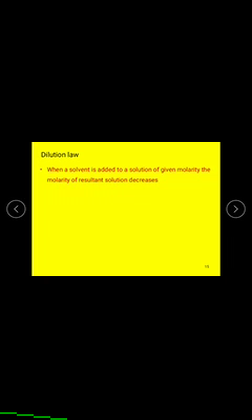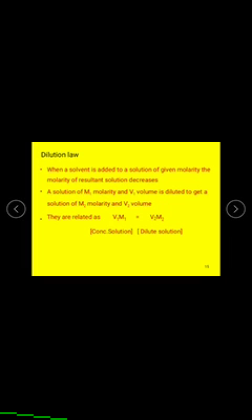A solution of molarity M1 and volume V1 is diluted to get a solution of molarity M2, and its volume also changes, meaning increases, to V2. Then it is related as M1V1 = M2V2. M1 means the concentrated solution, M2 means the dilute solution.